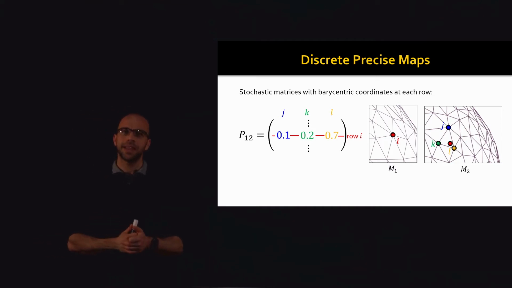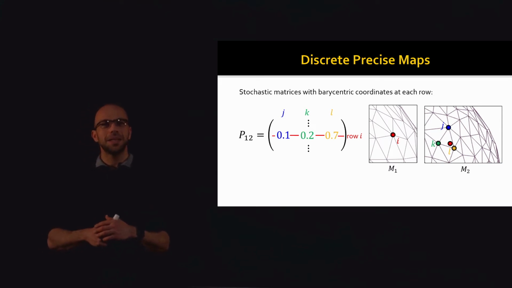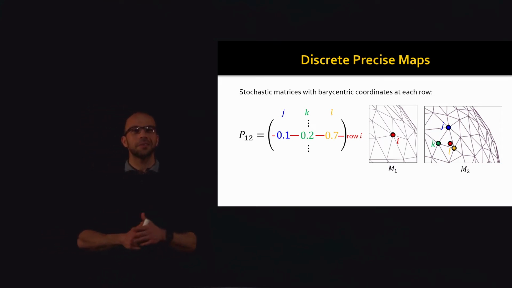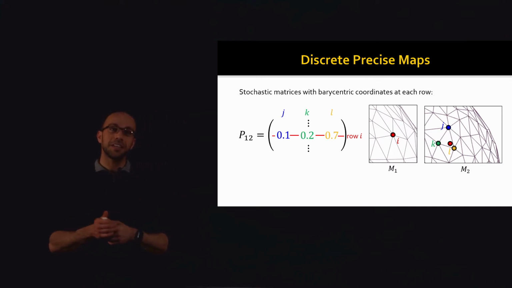So rather than doing that, what Danielle proposed, which is a clever idea and one that I think is quite useful, is to work with something that she called precise maps. The basic idea here is rather than just having coordinates for every vertex i in the target, we're going to instead use barycentric coordinates along triangles of M2.